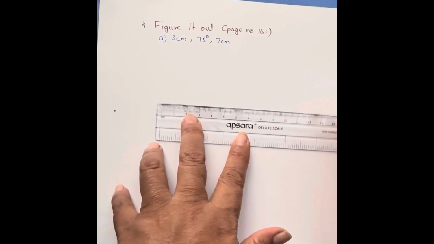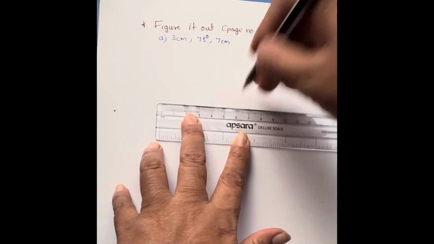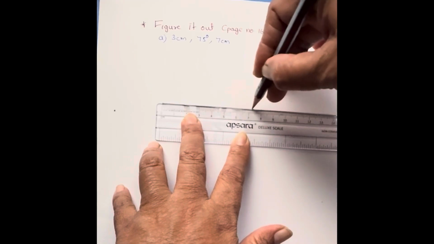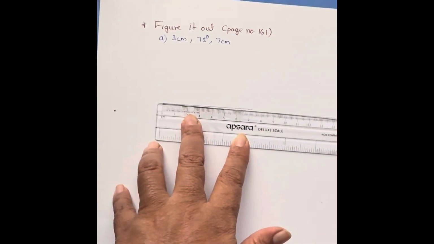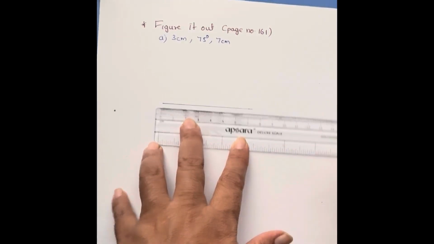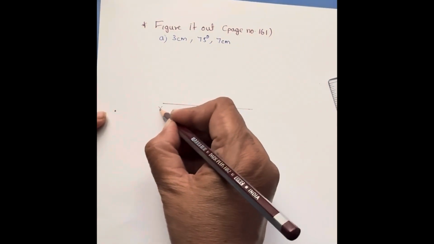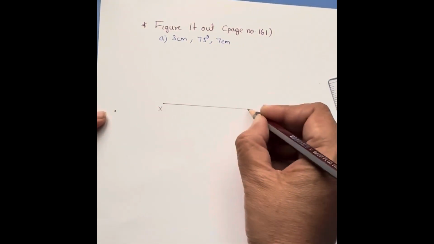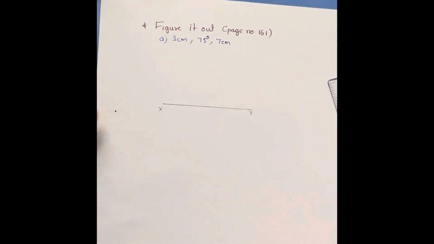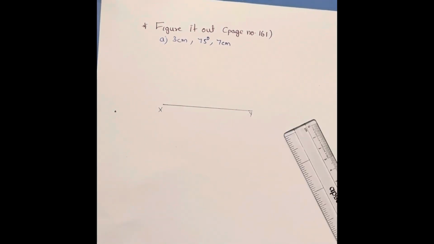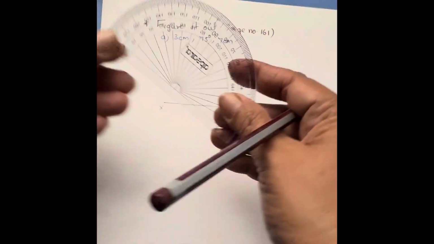So what do we do? We take the base as 7 centimeter and we draw a line. Okay, we can name it, there are no names given, so you can give any name. This point as X, this point as Y. Now angle is 75 degree.